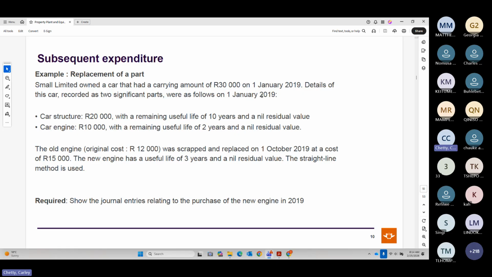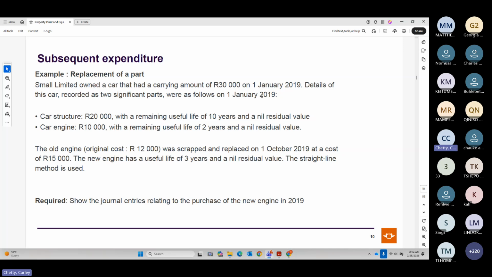So let's have a look at an example here for replacement of a part. We have Small Limited, and they own a car that had a carrying amount of 30,000 on 1 January 2019. Details of this car recorded as two significant parts were as follows on 1 Jan 2019.